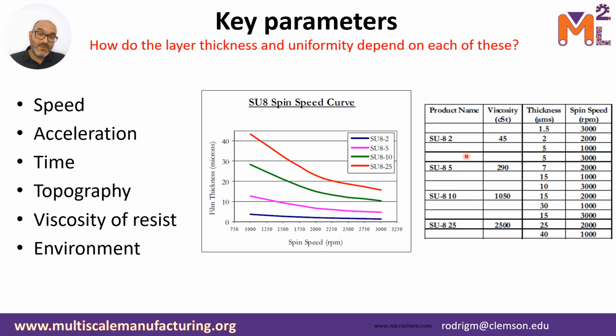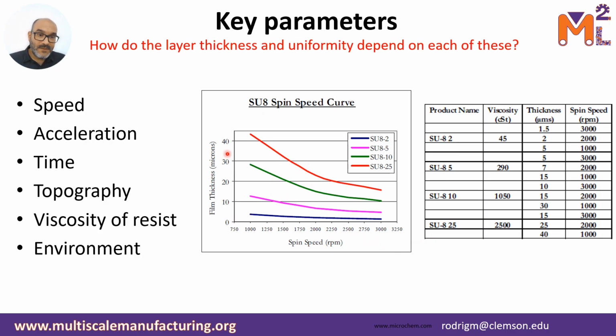So you have SU8 2, SU8 5, SU8 10, SU8 25. As you see, as the number increases, the viscosity will start increasing, meaning that you will start targeting thicker layers. Now, another way of looking at this information are the spin curves that you see in the middle of the screen.